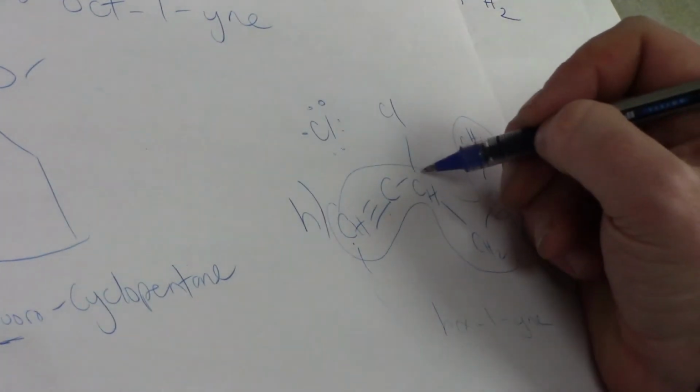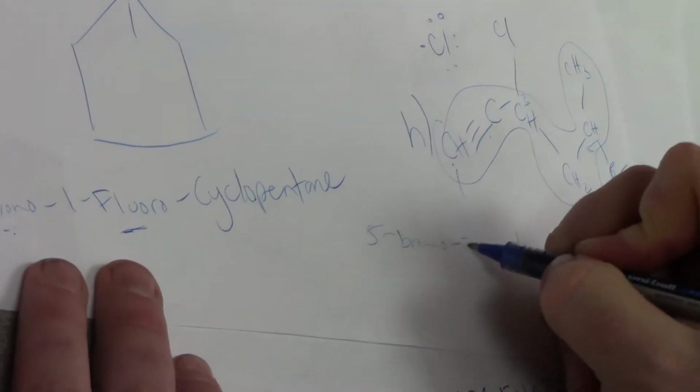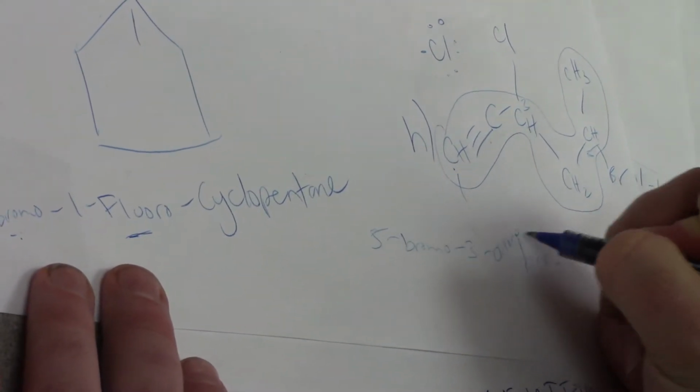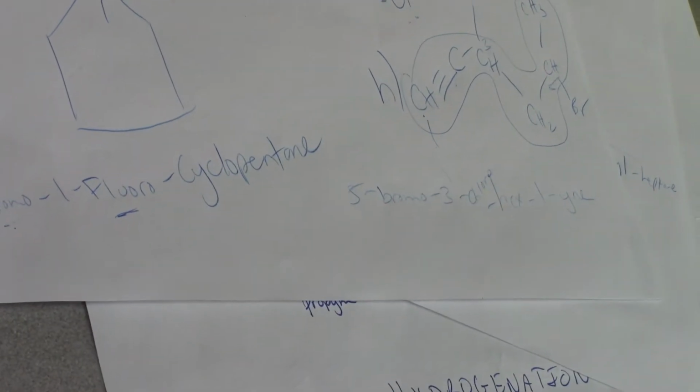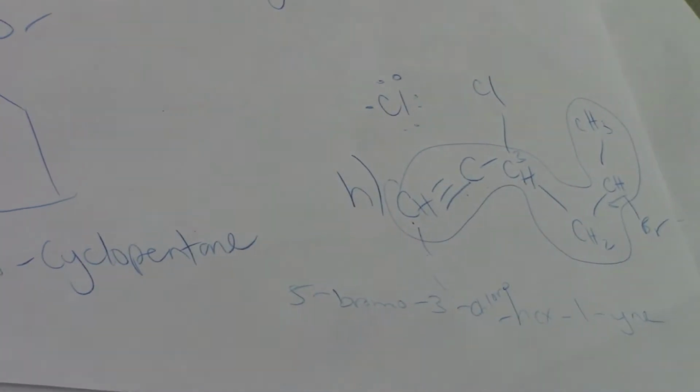And then I have a chloro group on carbon 3. So this is going to be 5-bromo-3-chloro-hex-1-yne. Okay? So that's a little bit of review from the last lesson on halogenated hydrocarbons.